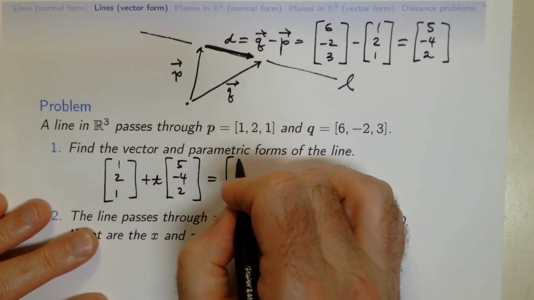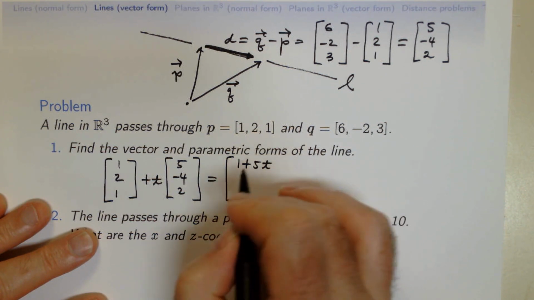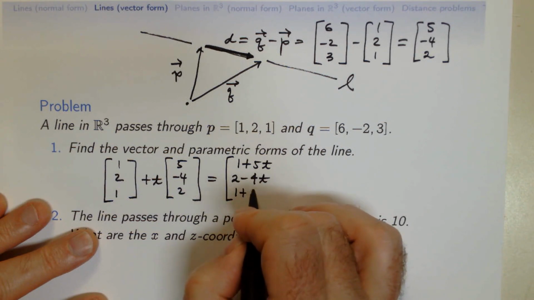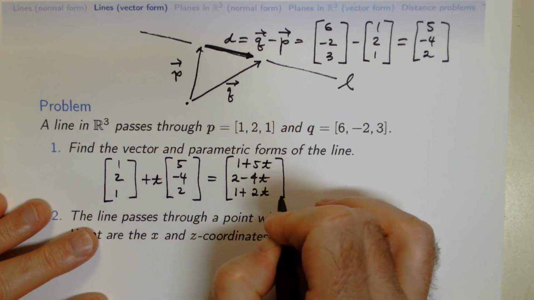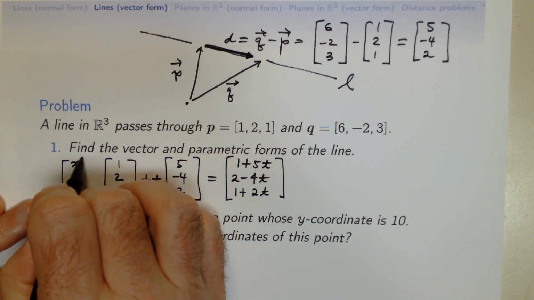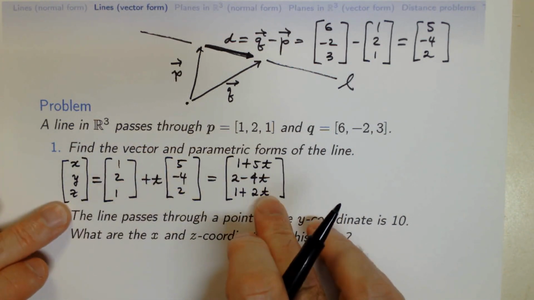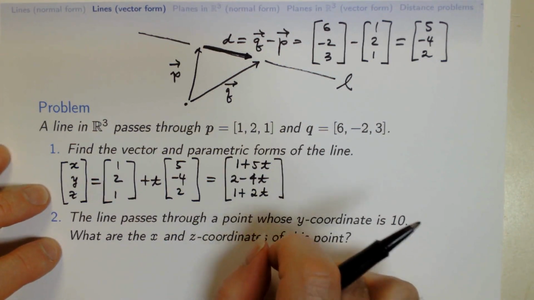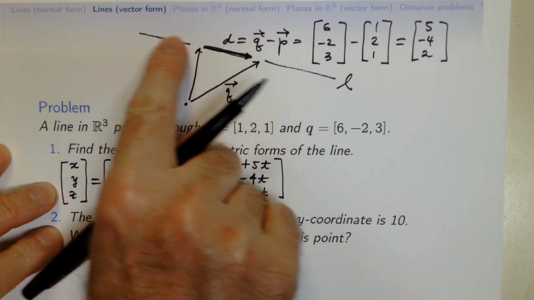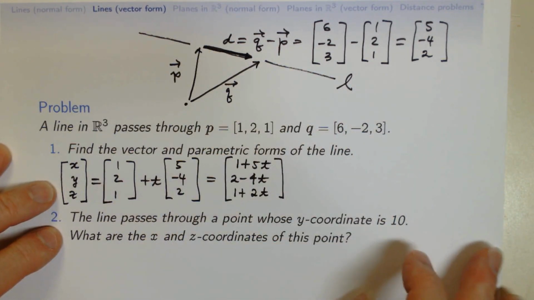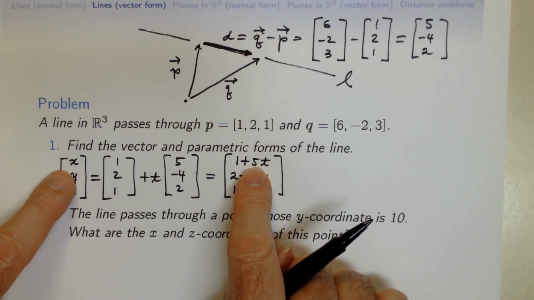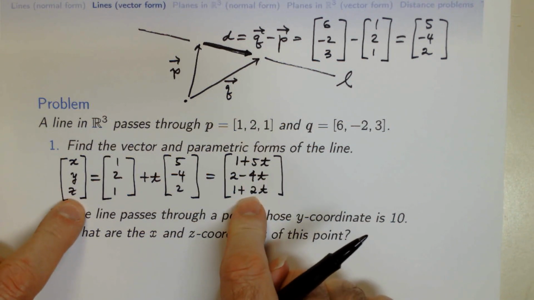So in vector form, we could write this as 1 plus 5t, 2 minus 4t, 1 plus 2t. Okay, and if we're thinking about this as a generic point on the line, we'll call it x, y, z, we can think of this as the vector form of the equation of the line. This will give us all the vectors whose tips lie on this line as we sweep that value of t. Okay, now we want to write the parametric forms of the line, and all we have to do is write out component by component.